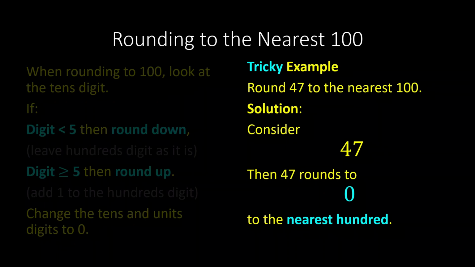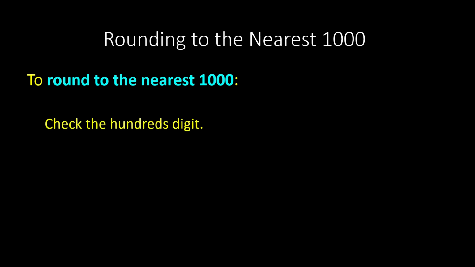Now let's take a look at rounding to the nearest 1,000. To round to the nearest thousand, we look at the thousands digit and then check the hundreds digit. The hundreds digit tells us whether we stay at the lower thousand or round up to the next one. So do we keep or add 1 to the thousands digit?